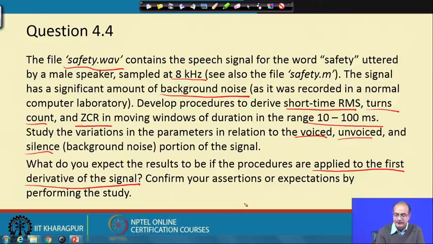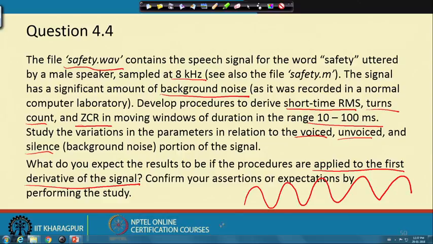Say we take a signal. The zero crossing rate depends on where it is crossing the zero. If it is going through the middle, we get the right rate. But if it is biased, if it is going more towards positive, then sometimes we may miss some of the turns.